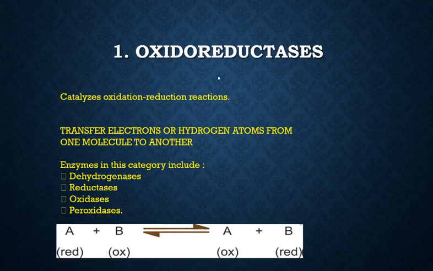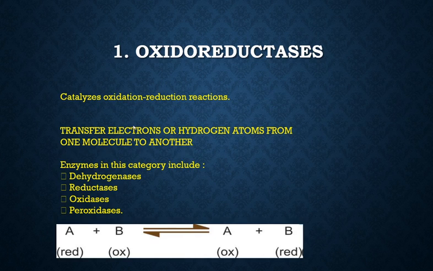Oxidoreductase. By the name, you can see from this definition that they catalyze oxidation-reduction reactions. If you see this reaction here, it also catalyzes the oxidation-reduction reaction. It transfers electrons or hydrogen atoms from one molecule to another molecule.